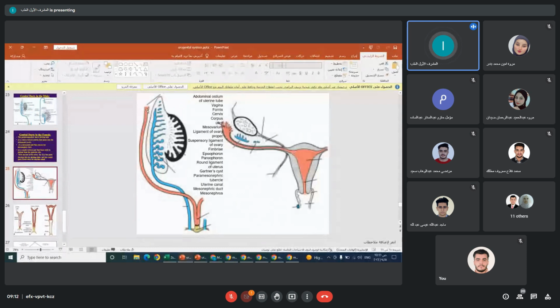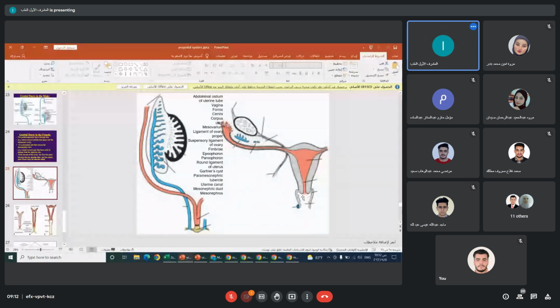The cranial vertical with the horizontal will form the fallopian tube. The caudal vertical parts, if fused together, will form the uterus and 4/5 of the vagina.